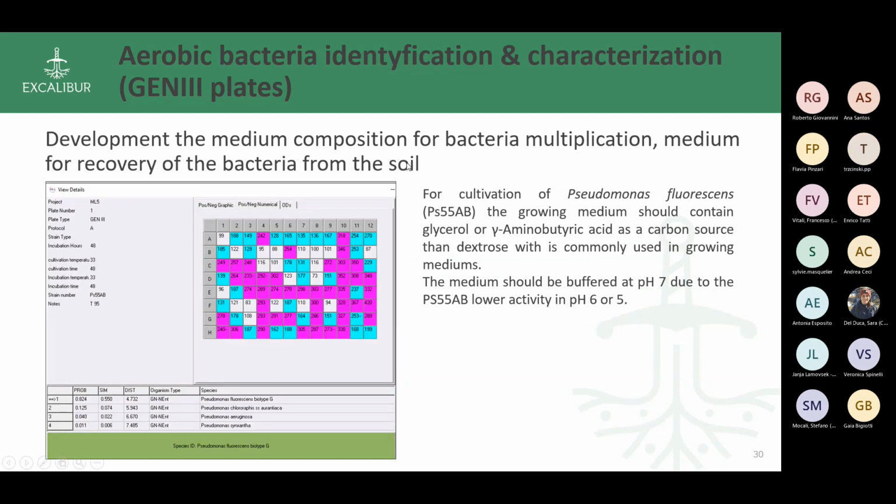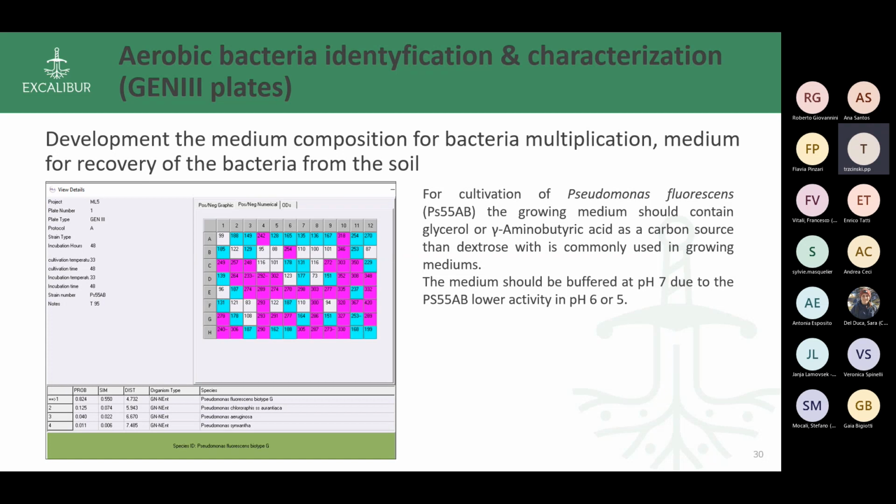Another thing, I told you that earlier: from the data from the BIOLOG system, you can develop the medium composition for the multiplication of a specific strain.